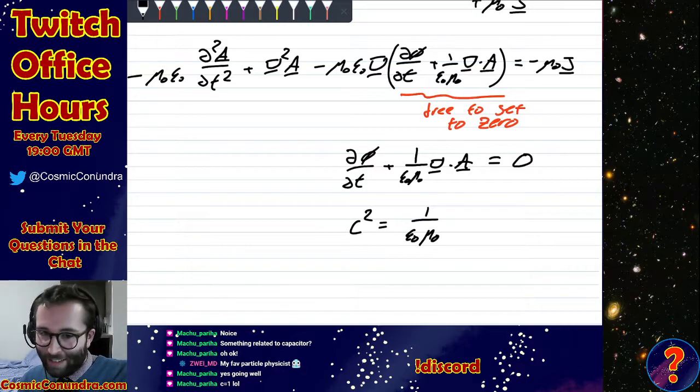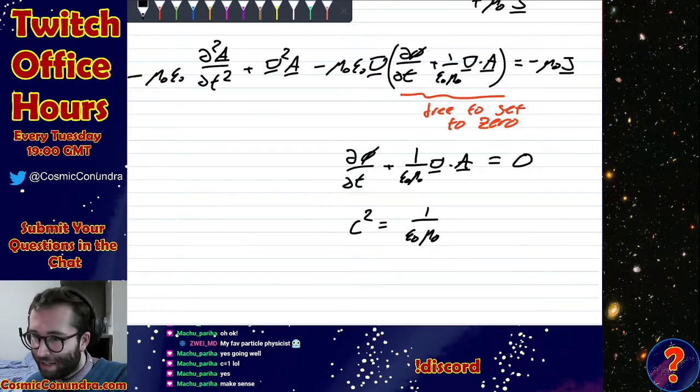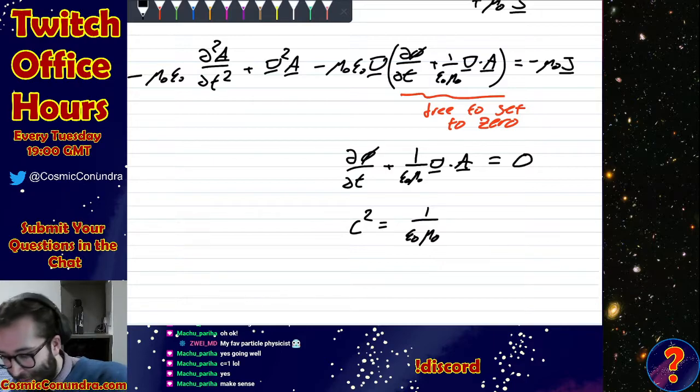And typically, when you write down things in normal, non-covariant electromagnetism, setting c to 1 is not so helpful, because you don't always have these combinations of epsilon and mu. You often just have one of them on their own, which you can't independently set to 1.